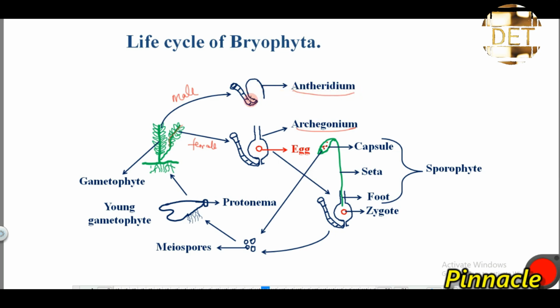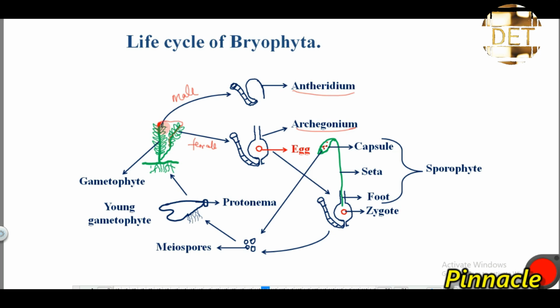During reproduction, the sperm swims from the male part of the plant to the female part through the tiny film of water that is present. That is why they are found in a wet environment, so that they can carry out reproduction, and why they are called the amphibians of the plant kingdom.